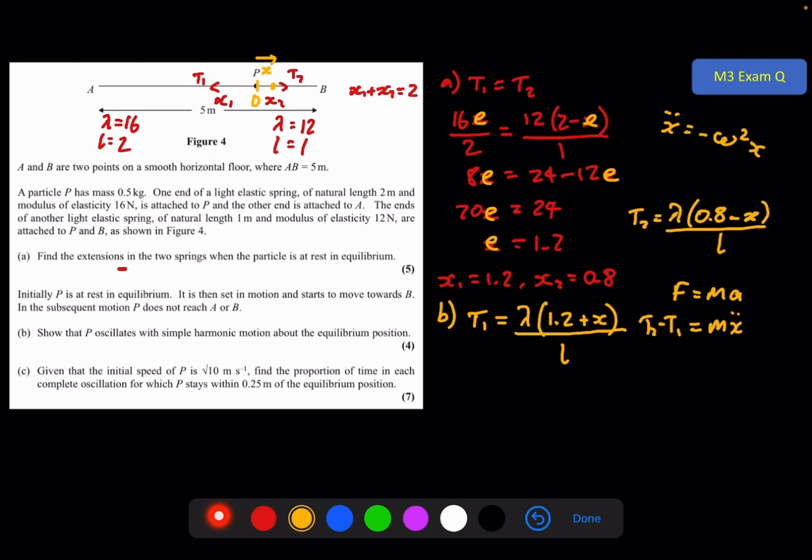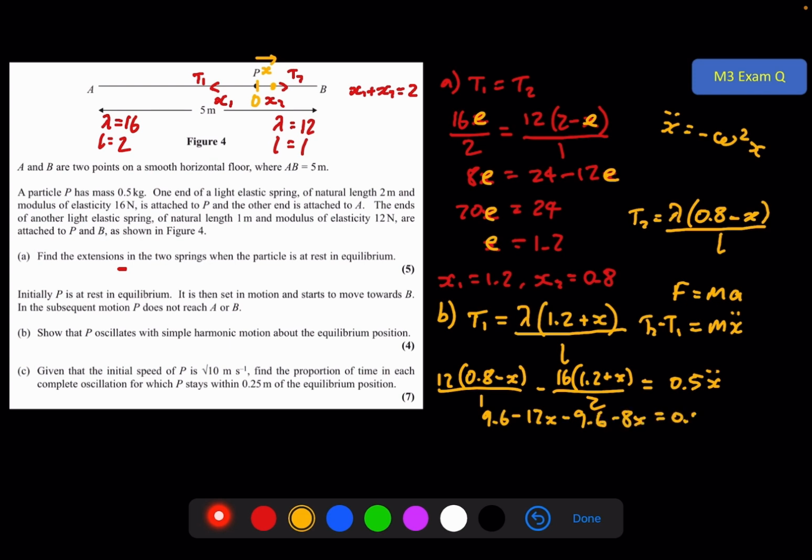Putting those in with lambda and L, we have 12 times 0.8 minus x over 1 minus 16 times 1.2 plus x over 2 is equal to the mass 0.5 times x double dot. That's 9.6 minus 12x minus 9.6 minus 8x is equal to 0.5x double dot.